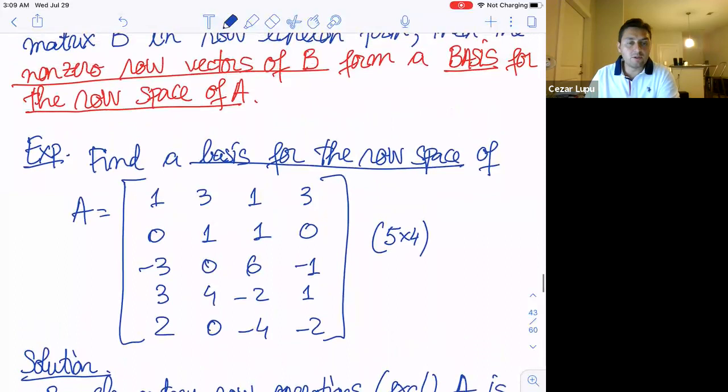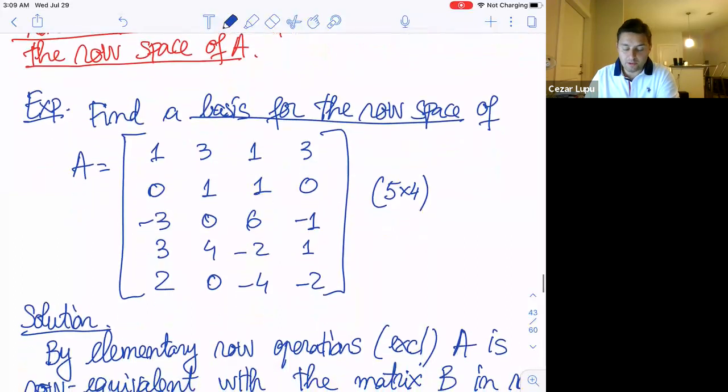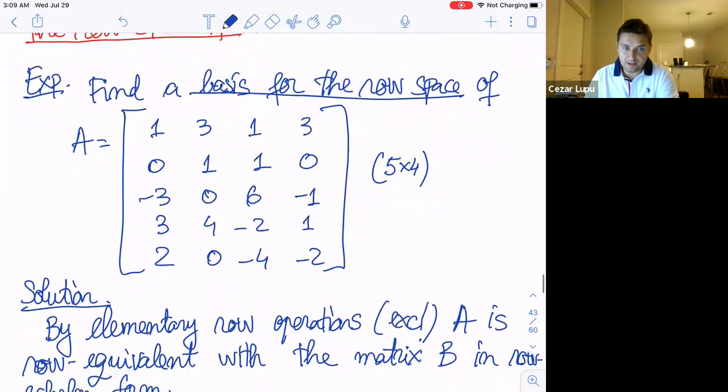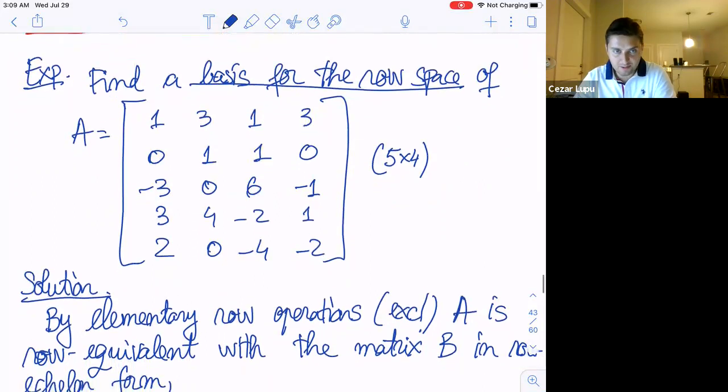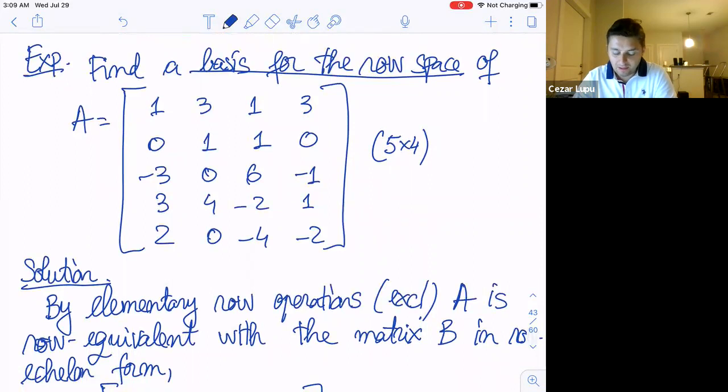In other words, we need to do elementary row operations with this, and I'll leave it to you as an exercise since I don't want to write echelon forms around here.